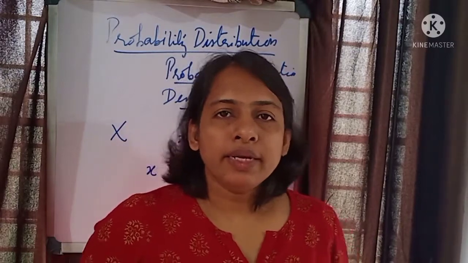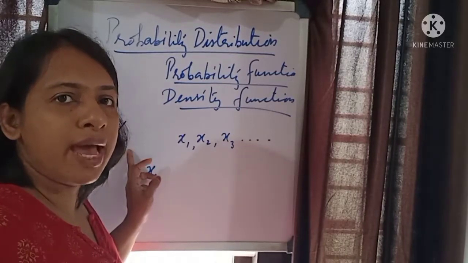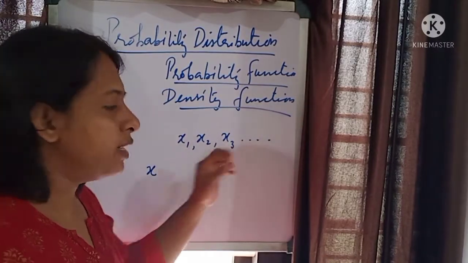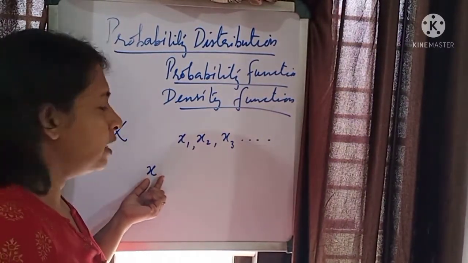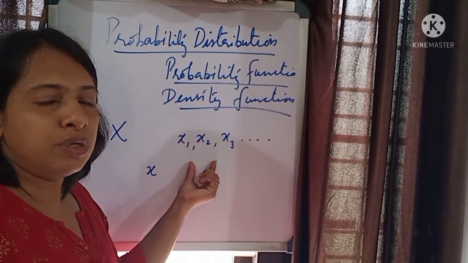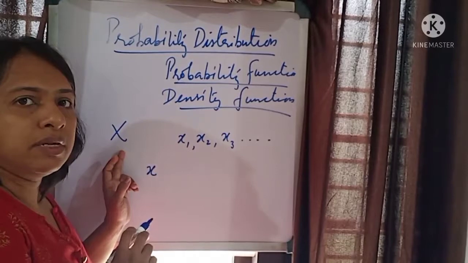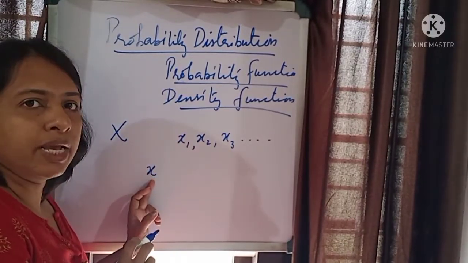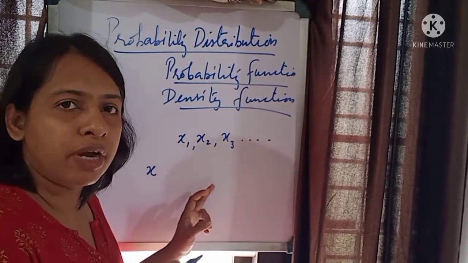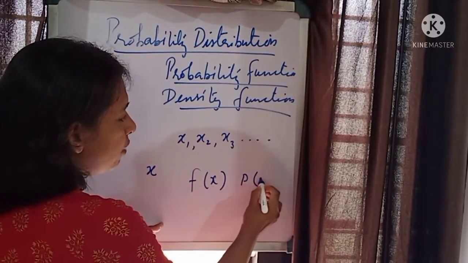Let x be a random variable and it takes values x1, x2, x3, etc., and let this small letter x be any value which represents these values, so that the probability that X takes the value x is termed as probability function or probability density function, denoted by f of x or p of x.